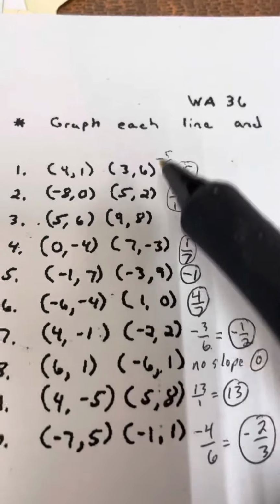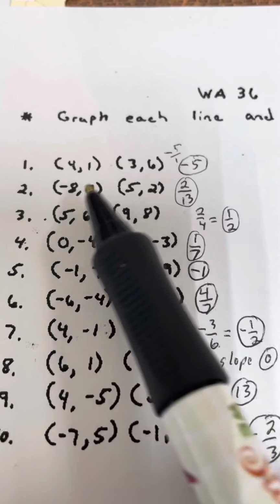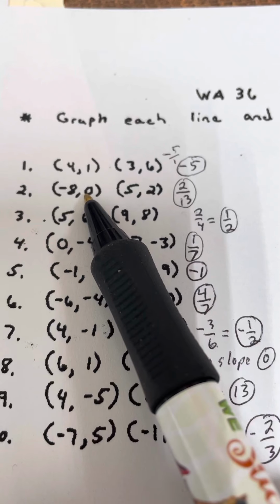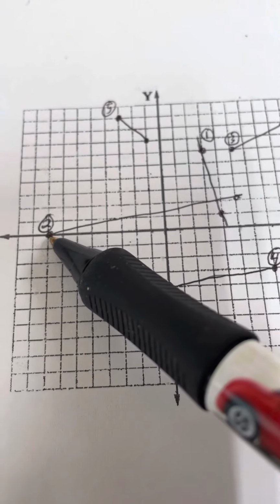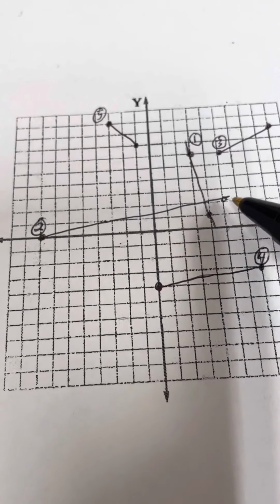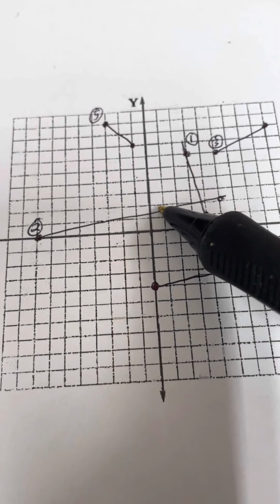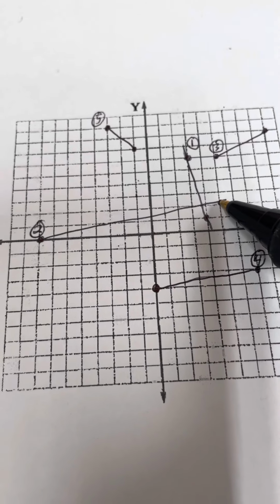For number 2, I'm only going to do this first half because I think once you get the hang of it, you'll be fine on your own. I go to negative 8, 0, and 5, 2. So here's negative 8, 0, and then here is 5, 2. So from this point to this point, I go up 2 over 1, 2, 3, 4, 5, 6, 7, 8, 9, 10, 11, 12, 13.